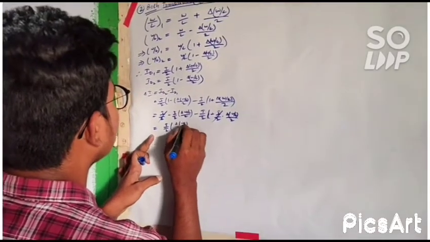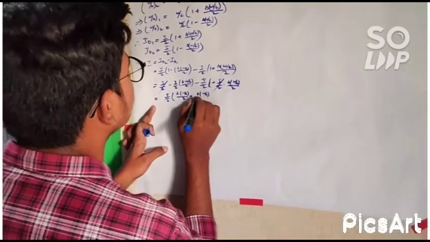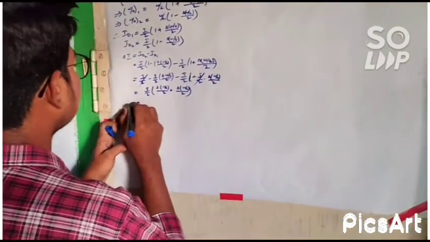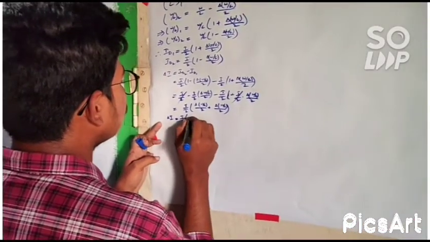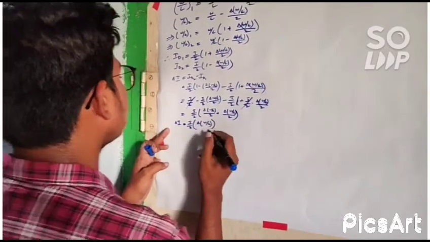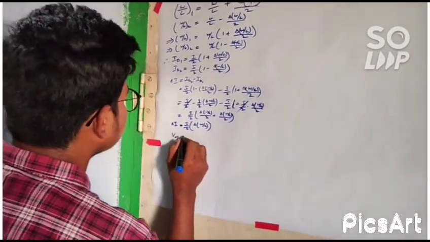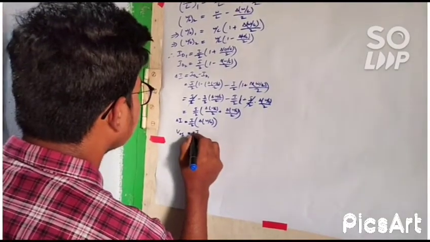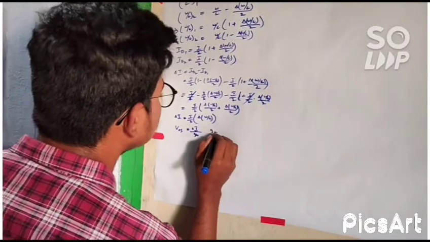By simplifying it, we get I by 2 minus I by 2 into delta W by L by 2, minus I by 2 into I by 2, plus minus I by 2 into delta W by L by 2.